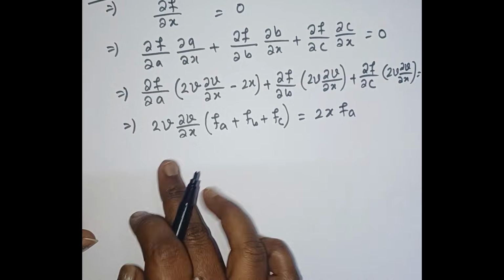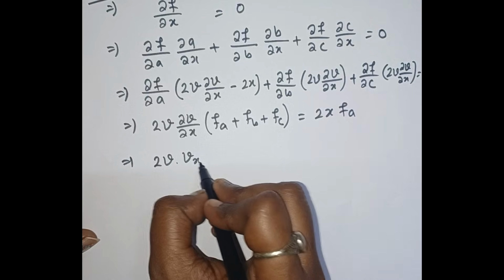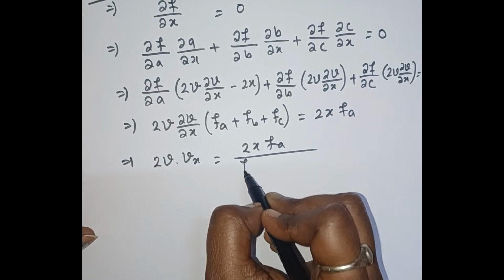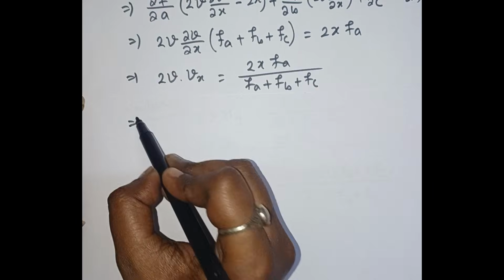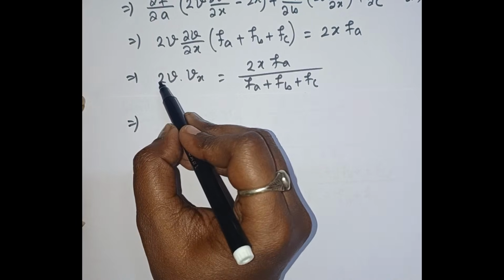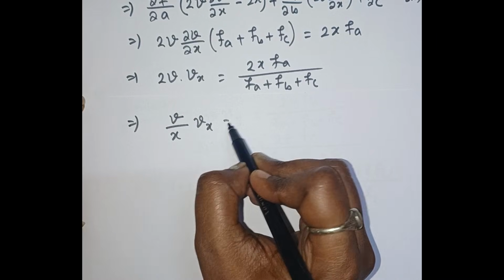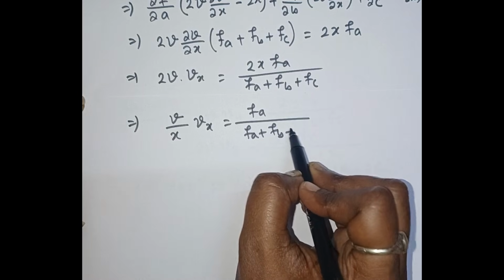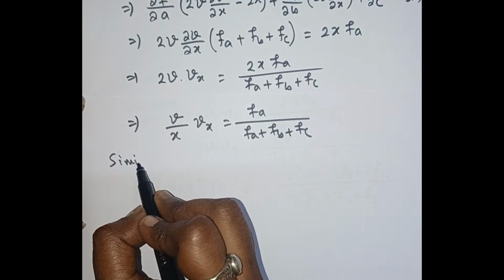2x fa. Now write vx in place of del v del x, then it is 2x fa by fa plus fb plus fc, and then the 2 and 2 will be cancelled out. So take v by x, vx, this is equal to fa by fa plus fb plus fc, because we have in the expression 1 by x del v del x.